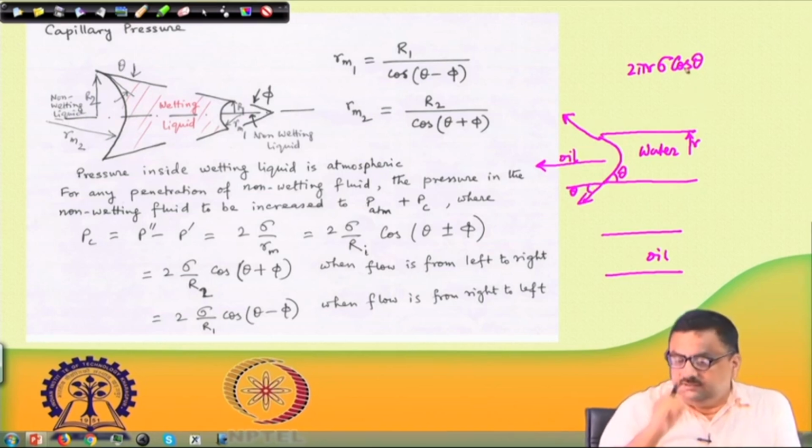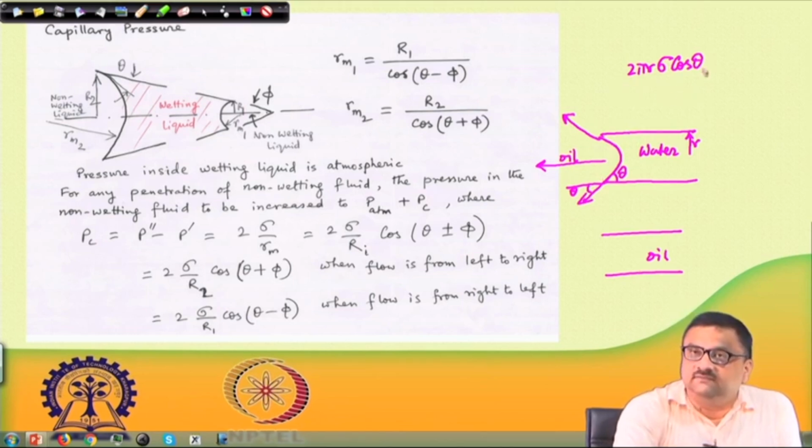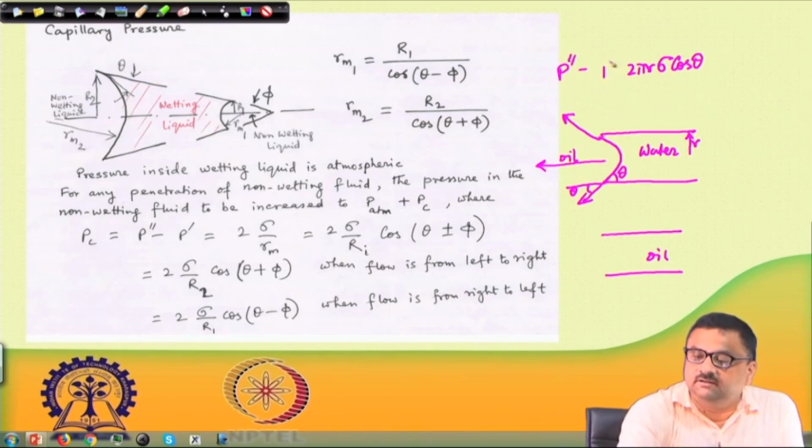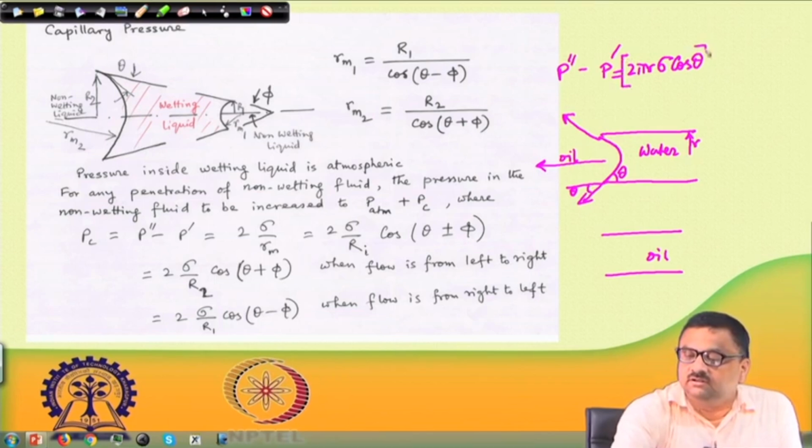Okay. So, this is the surface tension force, and this surface tension force has to be compensated by what we have seen already, p double prime minus p prime. This is the force.